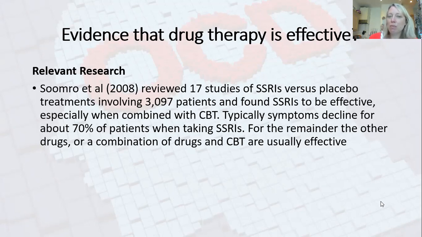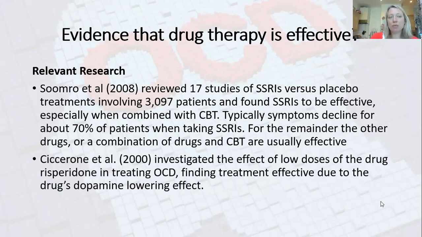And for most other people, not everyone, but most other people, other drugs or a combination of drugs and CBT are usually effective. Okay, so that study is the really key study to learn and to remember and to be able to quote if you are evaluating the biological approach to treating OCD.